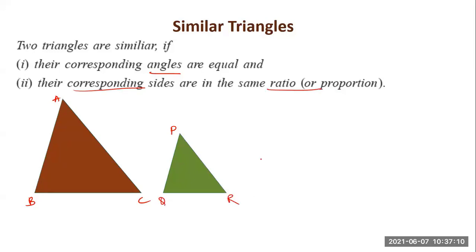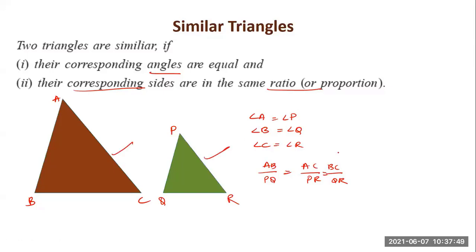If these two triangles are similar, then their corresponding angles will be equal: angle A equals angle P, angle B equals angle Q, and angle C equals angle R. And the corresponding sides are in proportion: AB by PQ is equal to AC by PR, which is equal to BC by QR. Then only these two triangles are similar.